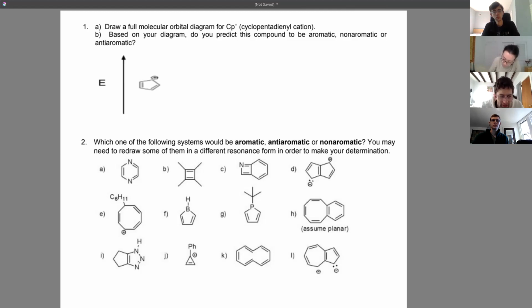And for E, is that also a positive charge on the bottom left? Yeah, it looks like it.